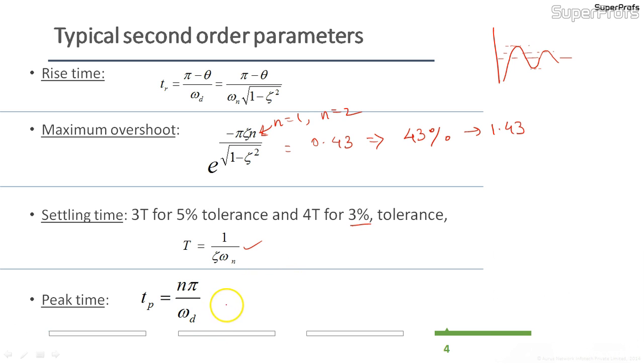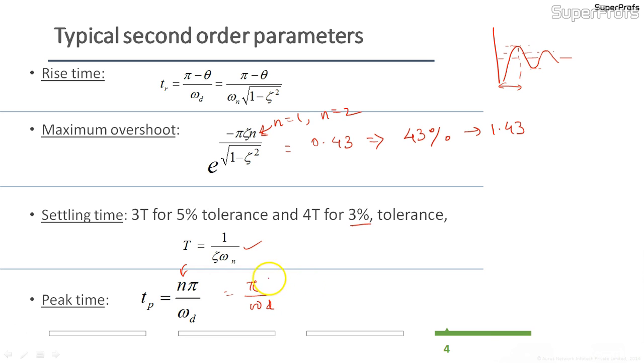How to calculate peak time? Peak time is nothing but the time taken by the system to reach its first peak. To calculate Tp, the formula is n into pi upon omega d. So again, for the first peak, you put n equal to 1, and the formula becomes pi upon omega d.